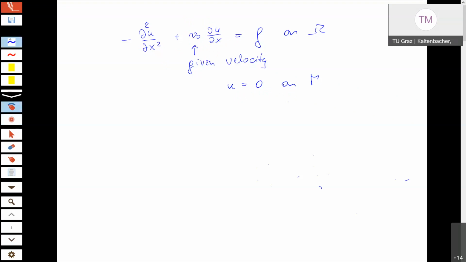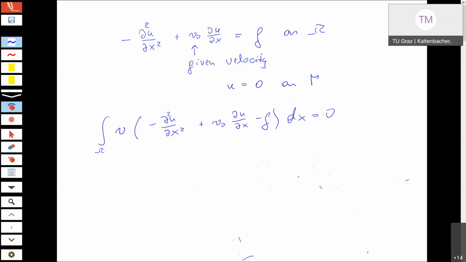What we have to do is integrate our partial differential equation over the computational domain. Therefore, I write omega here, which for a 1D problem would be, let's say again, from A to B. We have the test function, and let's write down our differential equation. Integrate it over the computational domain, and that should be 0.